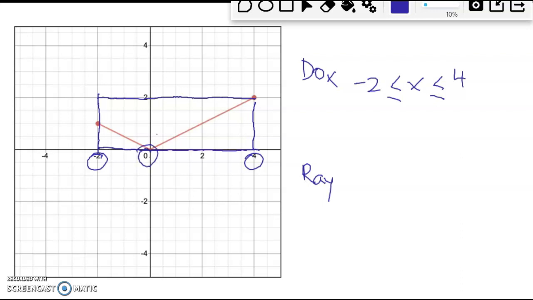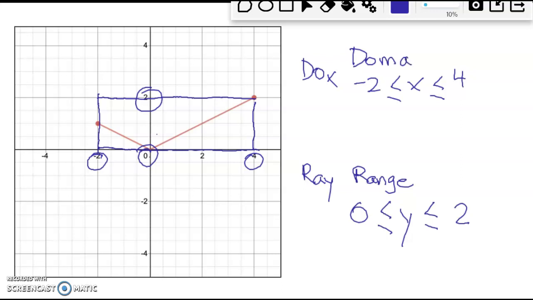It's 0, right? What's the maximum y value? It's +2. The smaller number is 0, the bigger number is 2, and we're talking about range, so that's a y. And so we're going to use the inequality that is opening to the right, like so. Okay, so this is the range, and this is the domain.